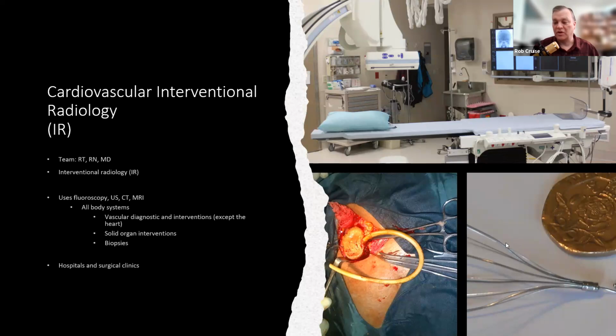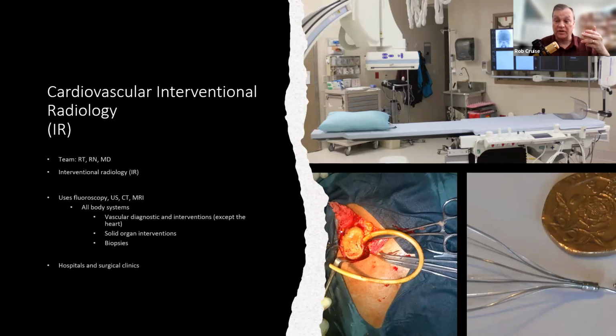This is what is called an IVC filter. So the inferior vena cava is the large vessel that is a vein that transports the blood from the lower extremities back up to the heart. So that's the inferior vena cava.